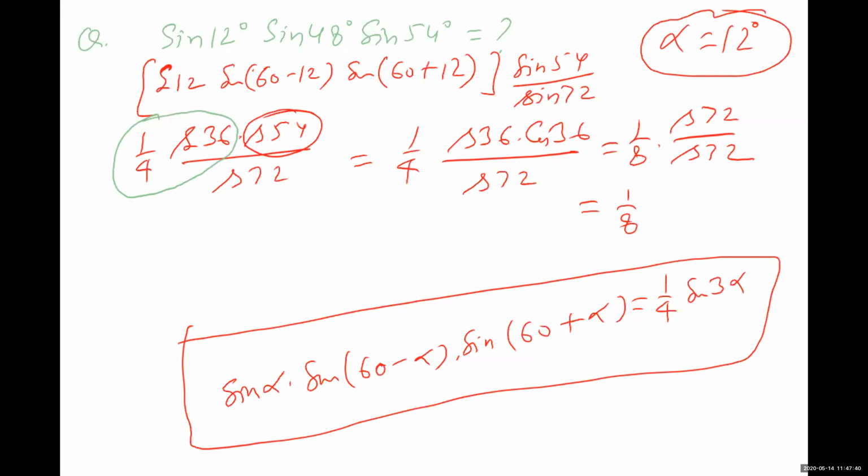First I have multiplied by sine 72, with 60 plus 12 being 72, and divided by sine 72. Sine alpha, sine 60 minus alpha, sine 60 plus alpha is 1/4 sine 3 alpha.